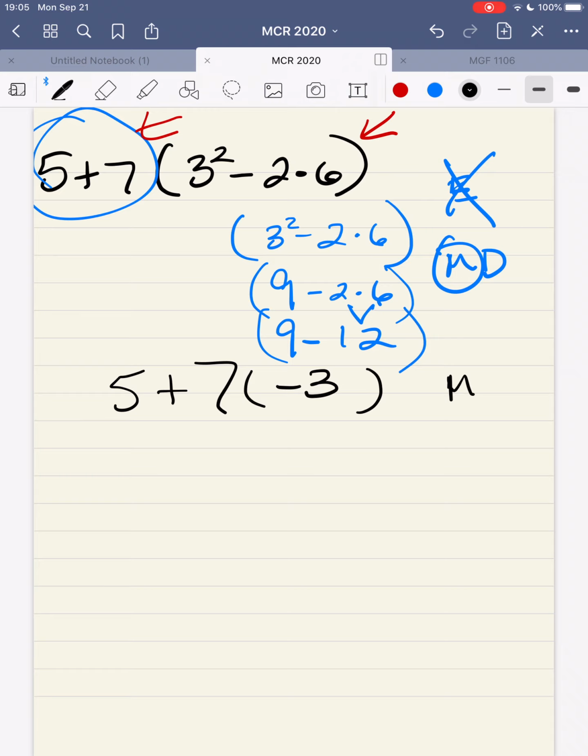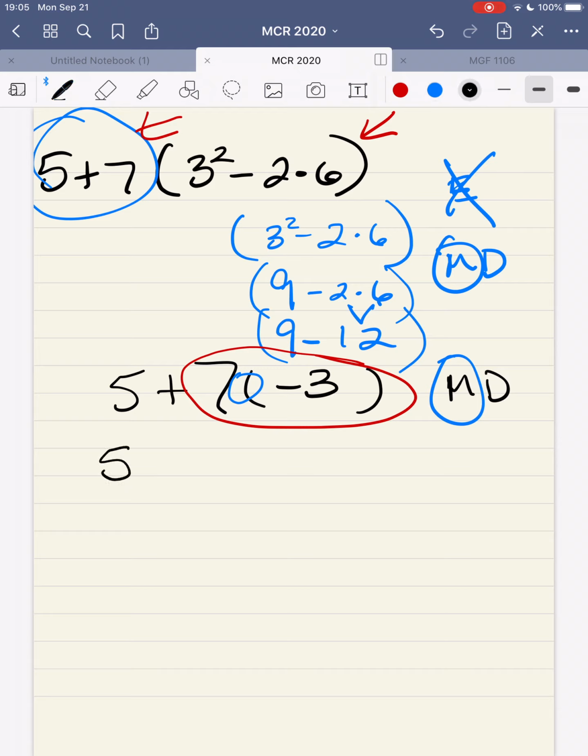Then I want to look, do I have any multiplication or division available? And I do have multiplication right here, because there is no sign right here, and no sign between a number and a set of parentheses always indicates multiplication. So I do have multiplication going on.